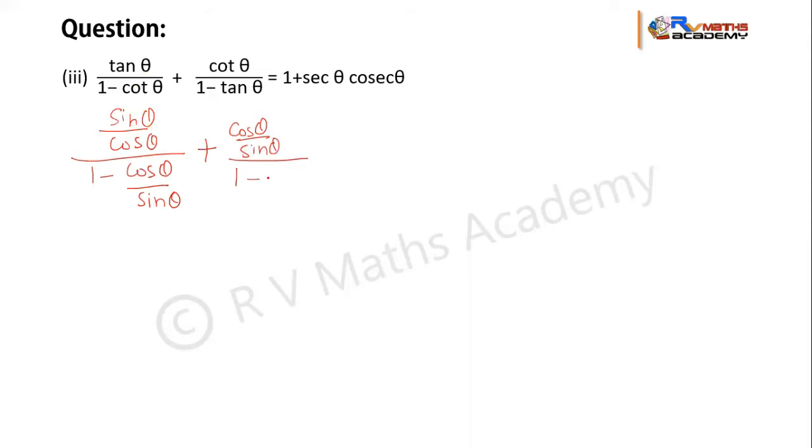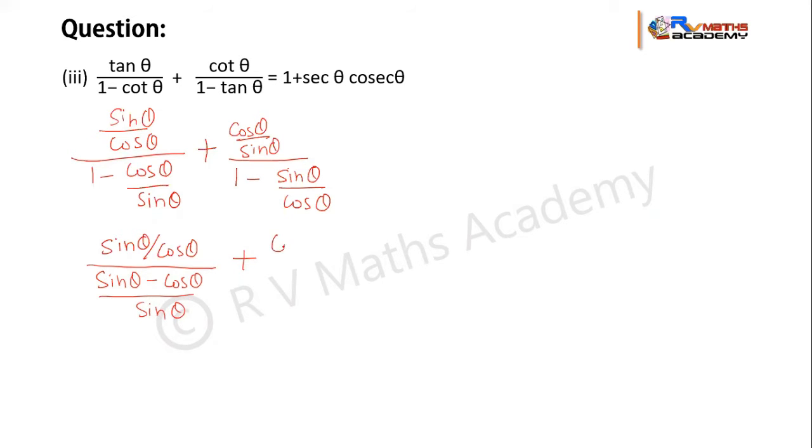Then you can write 1 minus, put the value of tan theta, sine theta upon cos theta. Now what do we have to do first? First we will simplify by taking the LCM. This is sine theta upon cos theta. Now take the LCM in the denominator, so you will get sine theta minus cos theta upon sine theta.